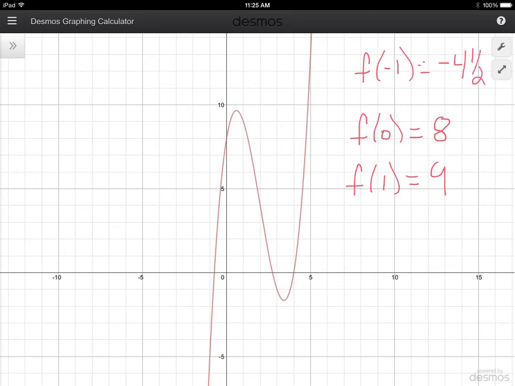Okay, and this is the location theorem, perfectly described, right? At -1, we're down here at a negative value somewhere. Then when we get to 0, we jump up to a positive value. So somewhere in between there, this curve has to cross the x-axis, and therefore there's a zero sitting in there somewhere.